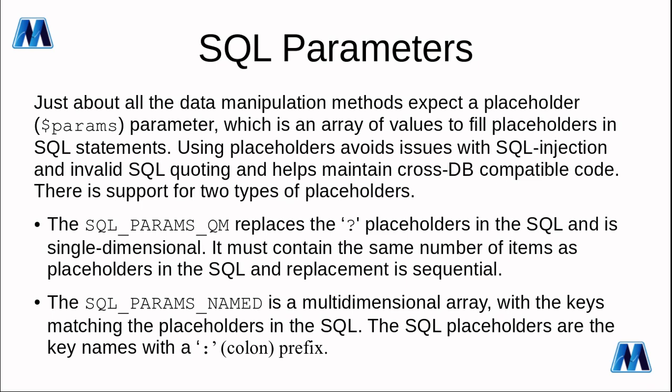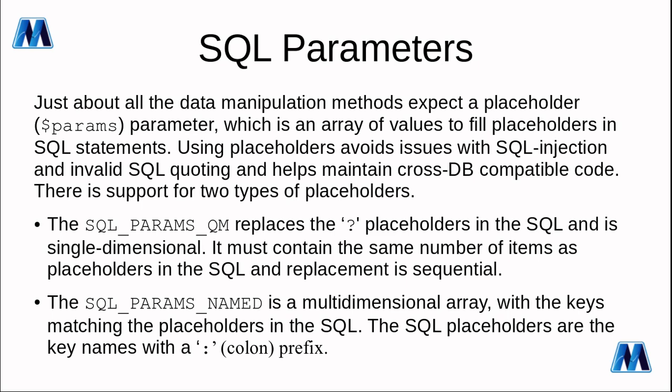So there are two types of placeholders. We've got your SQL_PARAMS_QM, question mark, which replaces question mark placeholders in your SQL. And it's single dimensional, must contain the same number of items as the placeholders in the SQL, and replacement is sequential.